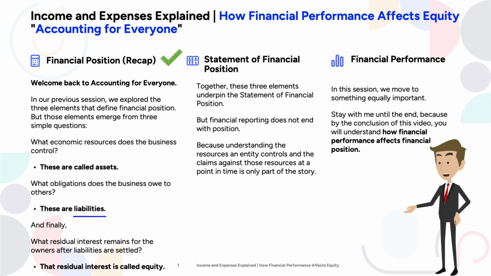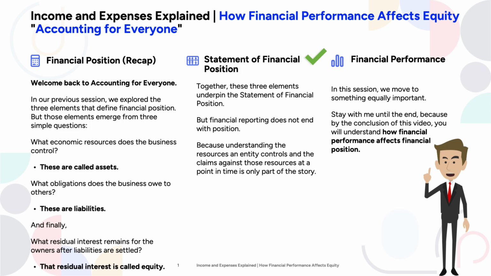These are liabilities. And finally, what residual interest remains for the owners after liabilities are settled? That residual interest is called equity. Together, these three elements underpin the statement of financial position.